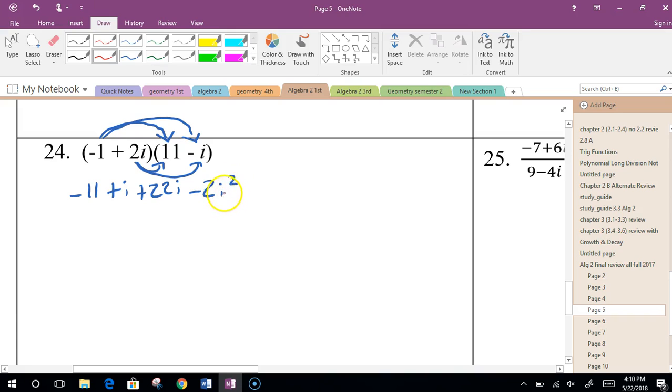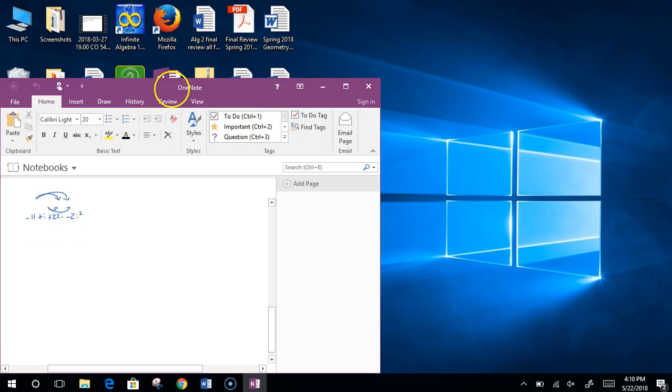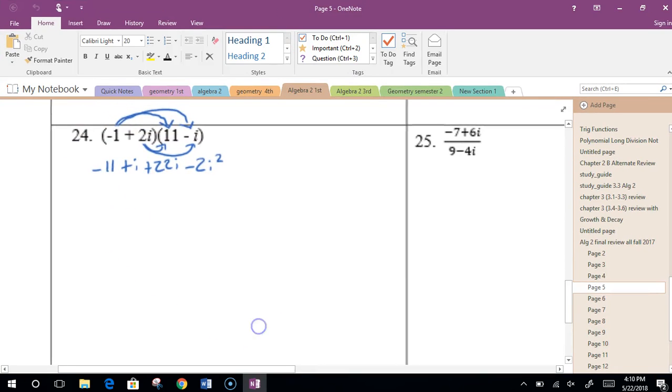Remember, i squared is equal to a -1, so really this problem looks like this. -11 plus, combine these two, whoops, my apologies. Let's get back into that. So we have -11.